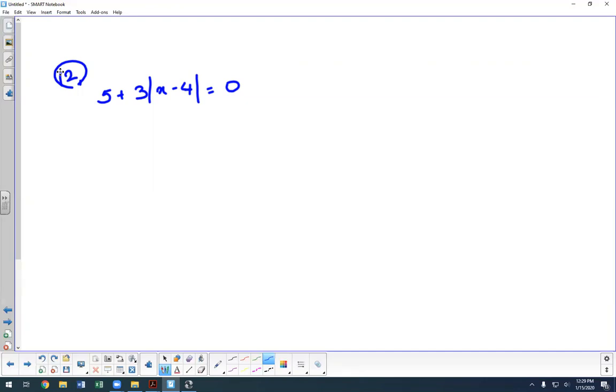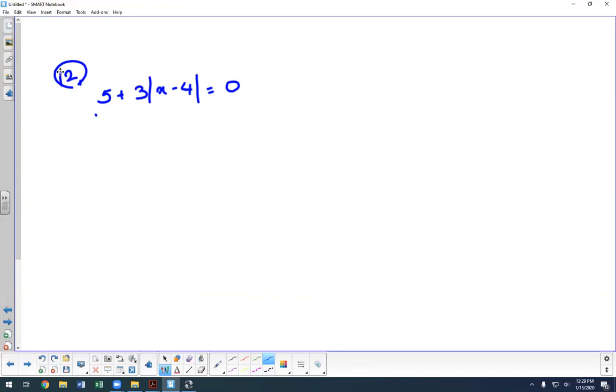Okay. Now what do we do after that? Make it positive. How? X minus 4. I have a question. Yeah, sure. Since the 5 is a negative, does it make the whole fraction a negative or just the 5? Technically, it makes the whole fraction negative. So you are ending up with the absolute value of x minus 4 equals negative 5 over 3. Why is it negative? Because when you move the 5, it's positive on this side, right?